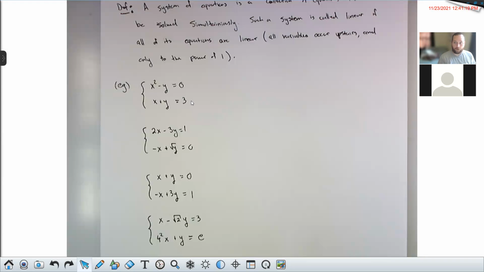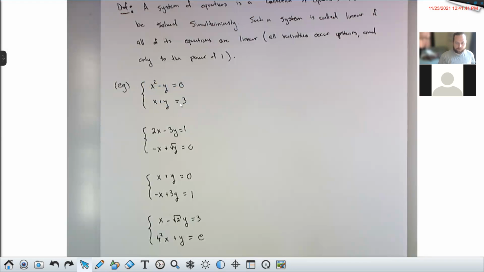Each of these is what we would call a 2x2 system. The first number is the number of equations, so 2 equations. The second number is the number of variables. So each one of these has 2 equations and 2 variables, so we would call each of these a 2x2 system.